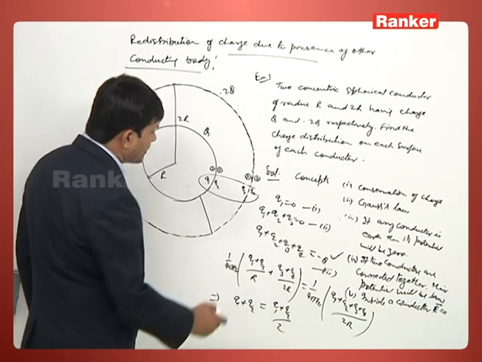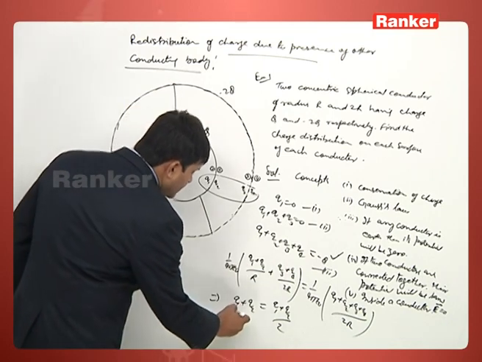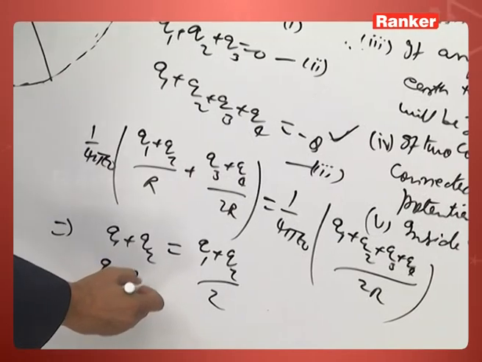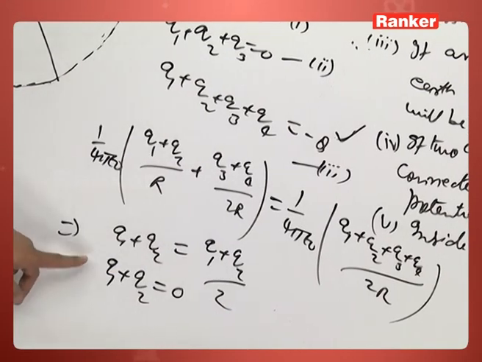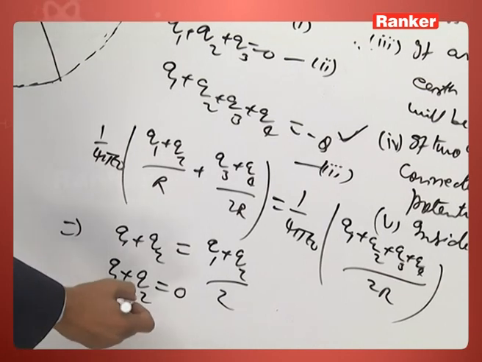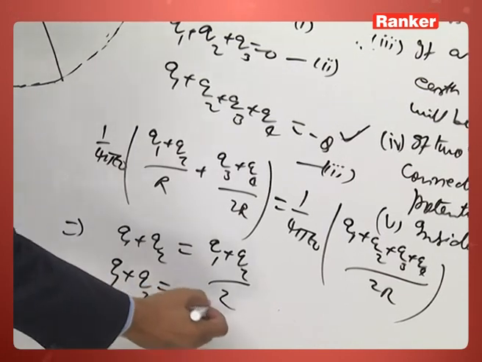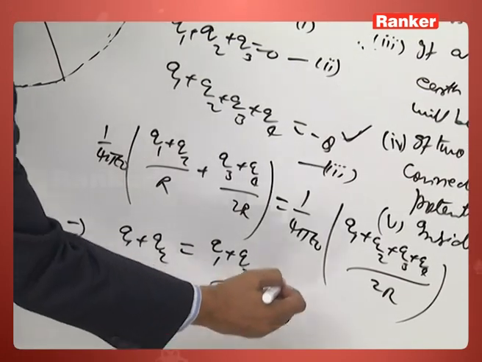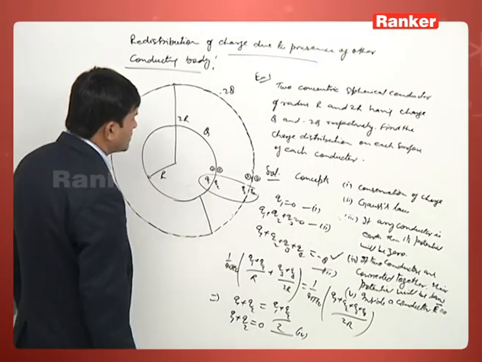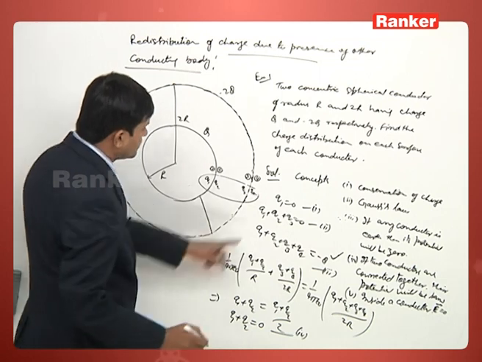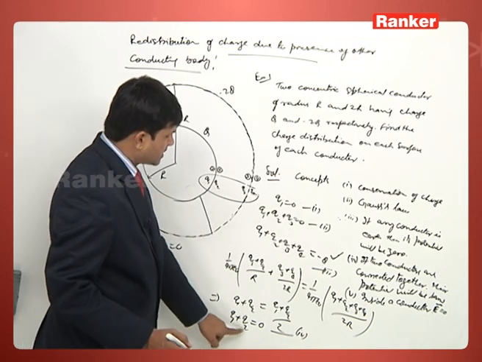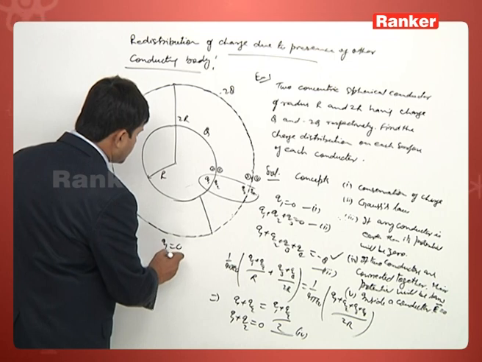Now from here we can write Q1 plus Q2 is equal to 0. Q1 we have already found to be 0. This is your fourth equation. So finally, the answer is that Q1 is 0, and Q1 plus Q2 is 0, so that gives us Q2 also 0.